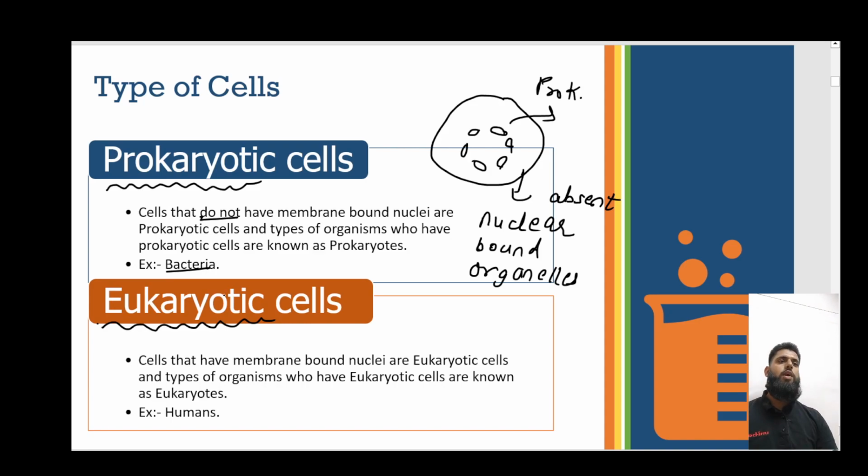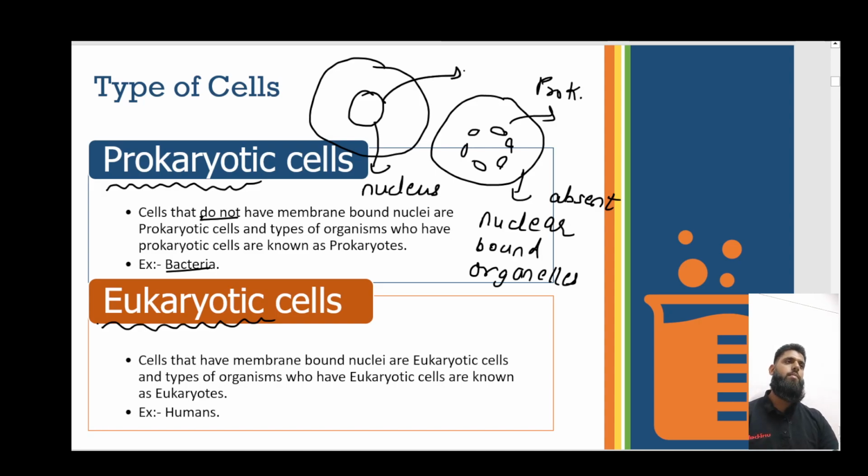Now, what are eukaryotic cells? Cells that have membrane bound nuclei. Very basic difference. These cells which have membrane bound nuclei are called eukaryotic cells. Example, humans. If we talk about eukaryotic cells, suppose this is your cell. Here you have a proper nuclear membrane or nucleus. So here you have a proper nucleus with nuclear membrane.